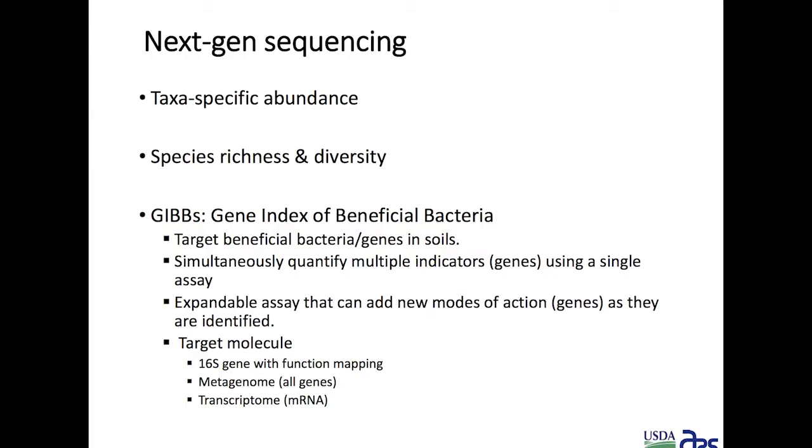In our laboratory, we typically use next-generation sequencing or high-throughput sequencing. We use this method to look at taxonomic specific abundance. We can look at things like species richness or diversity. But what I really want to talk to you about today is this idea of looking at specific genes or beneficial genes associated with different soil properties.